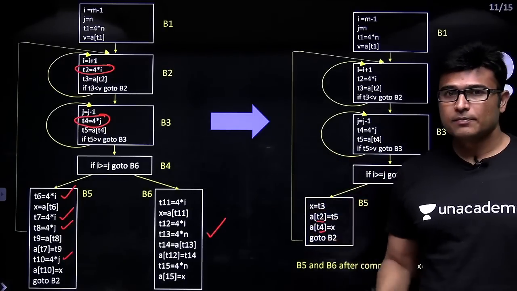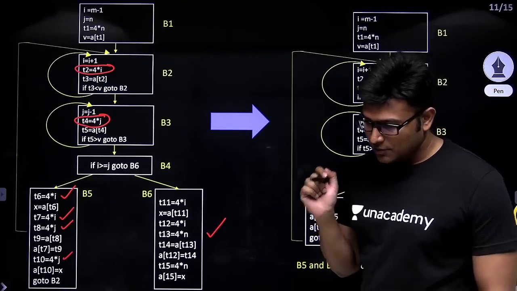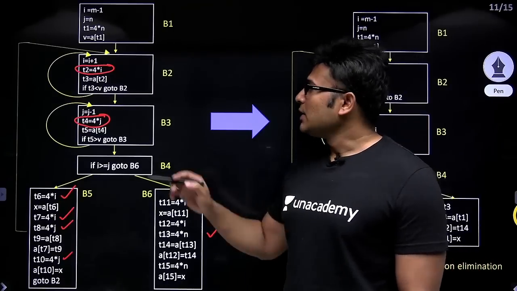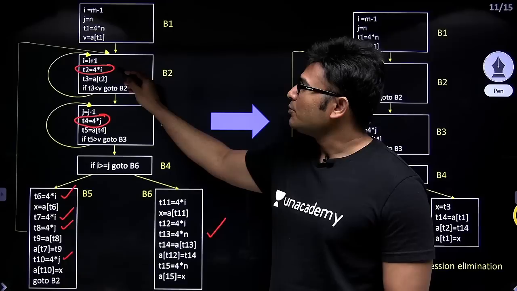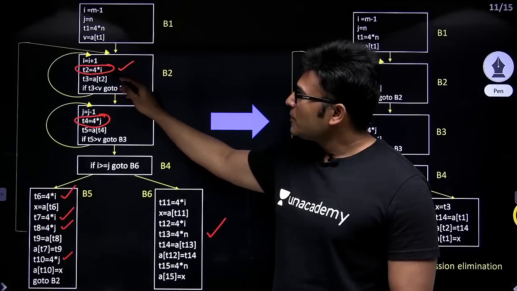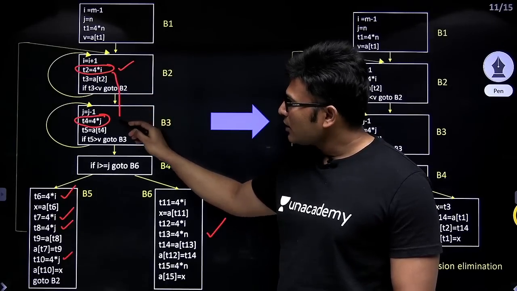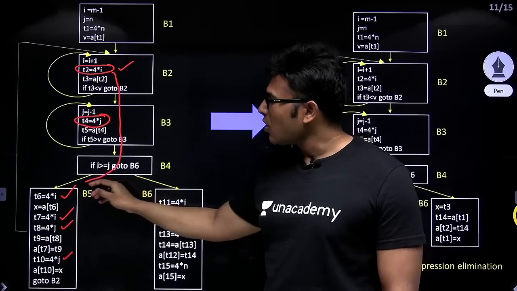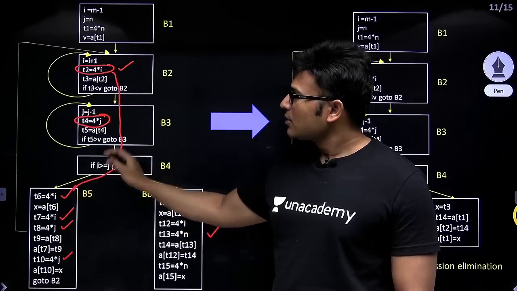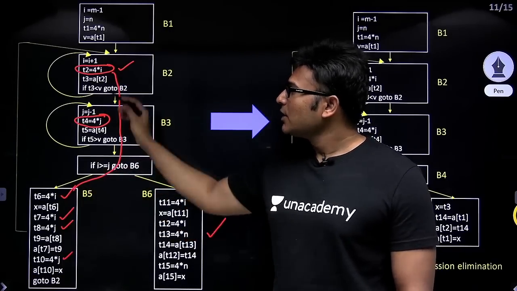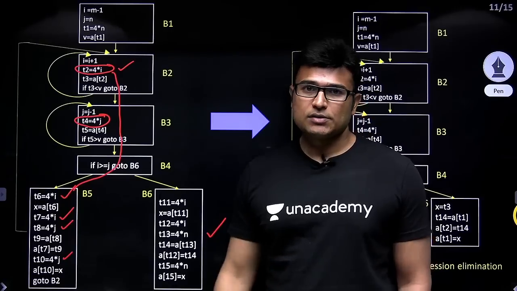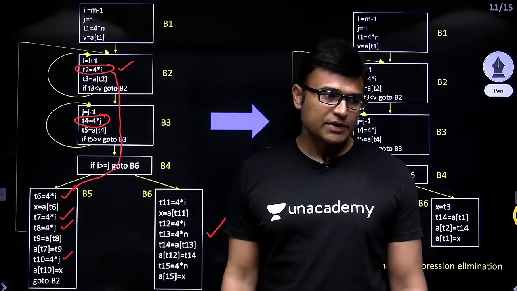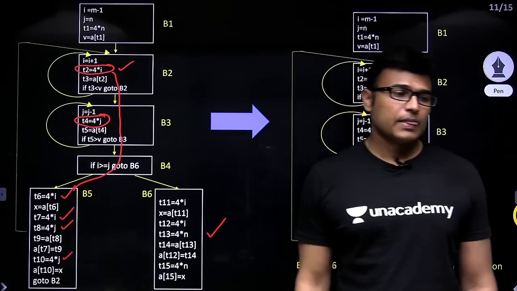Just be careful on one point. Even though 4 into I is computed in this block, when you come to this block, on the path, see that the value of I doesn't change. Otherwise it is not a common sub-expression. Got it?